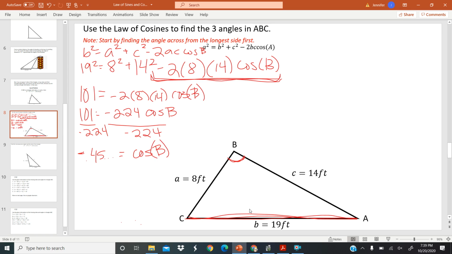So if you guys remember from past math classes, if you have the cosine of a variable and you don't know what's inside and it's equal to a number on the other side, the way that you're going to solve for that is by taking the inverse cosine. So we're going to take the inverse cosine of that negative 0.45 number. And then that's going to give us what angle B actually is.